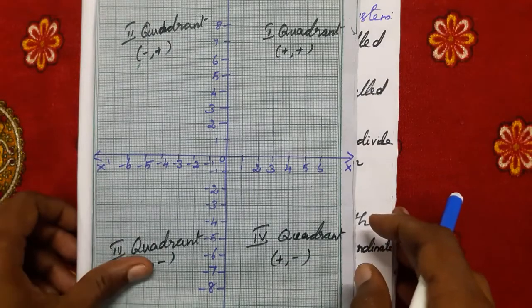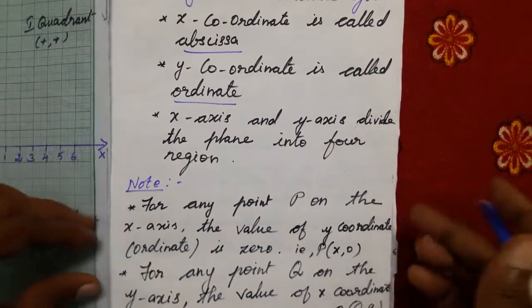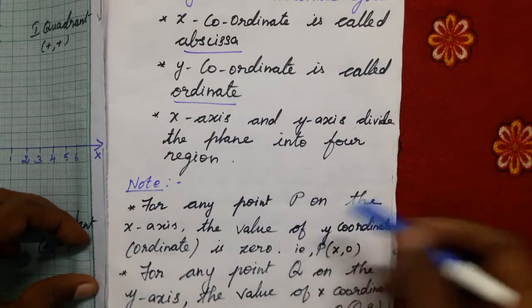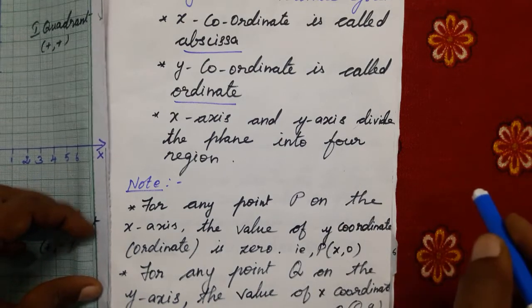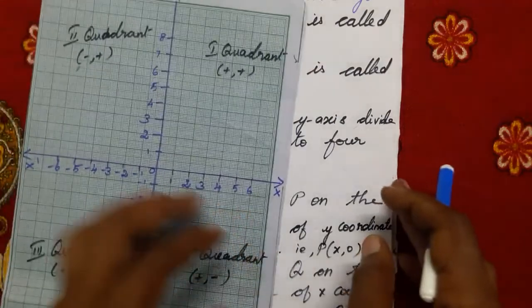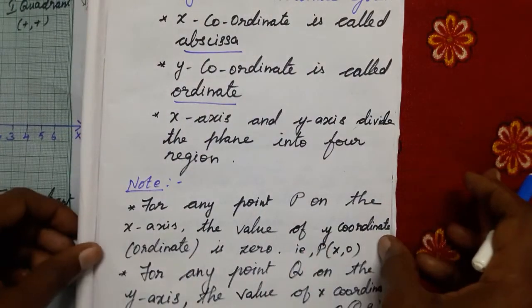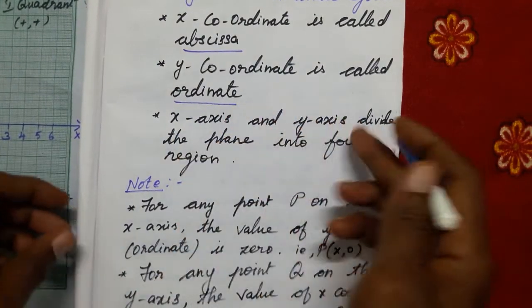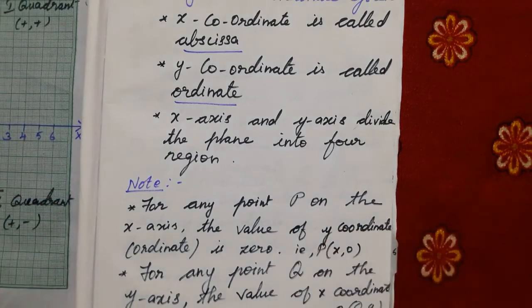From here, I am giving some notes. For any point on the x-axis, the value of the y coordinate is 0. Y coordinate means what? Ordinate. The y coordinate is 0. That is P of x comma 0.